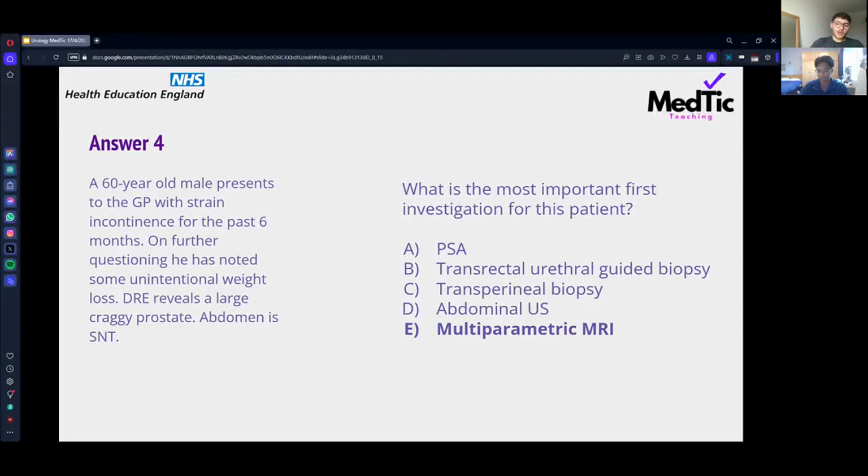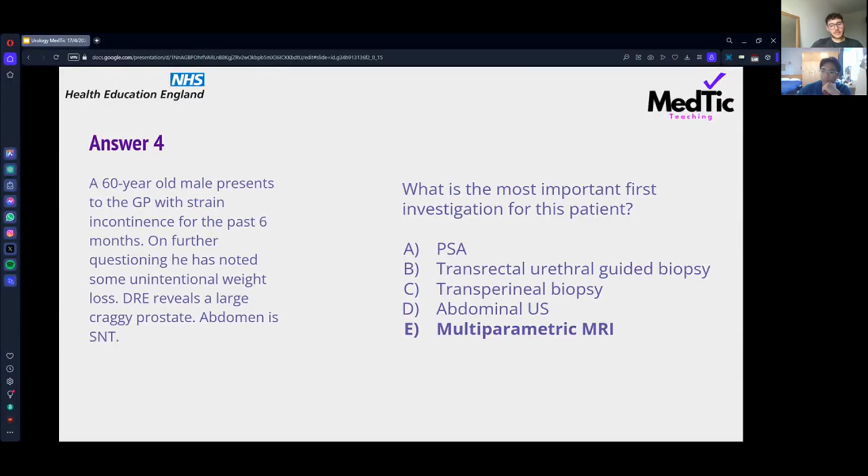And then the biopsies are for your actual diagnosing and staging and grading of cancers. We'll come on to that in a second. But in key factors, MRI is the most important first investigation.